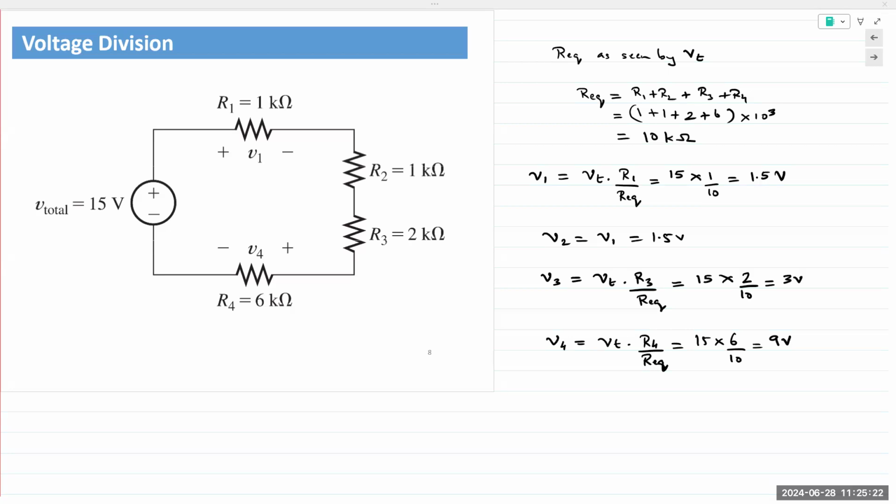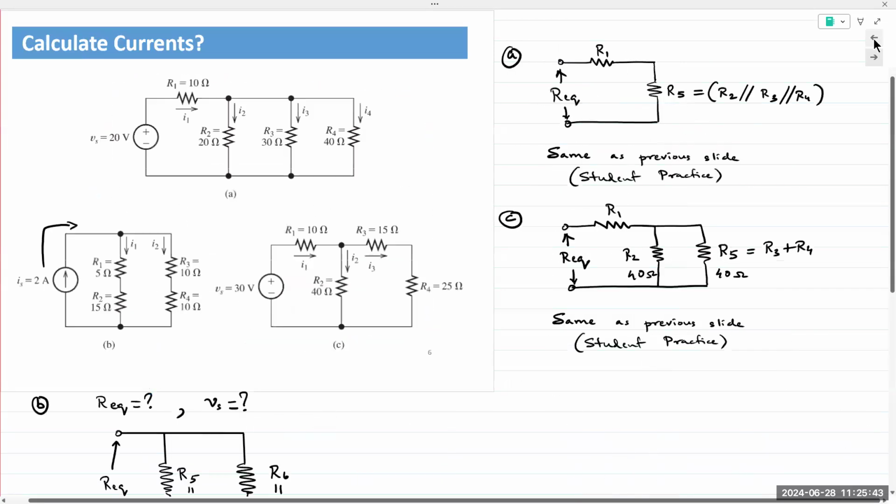One important point to keep in mind, here it shows you a voltage source, but if it's a larger circuit, it may not always be a source. Okay, let's go back one slide so I can use those circuits as an example. Okay, here, example C. In example C, what do you have?